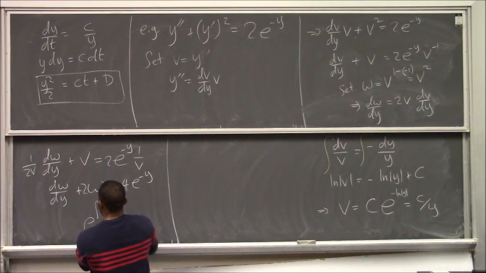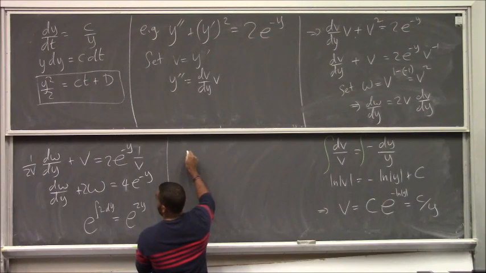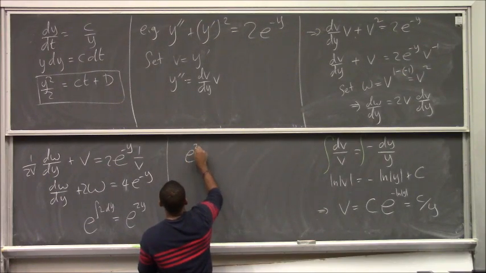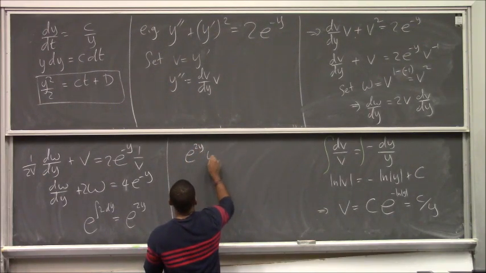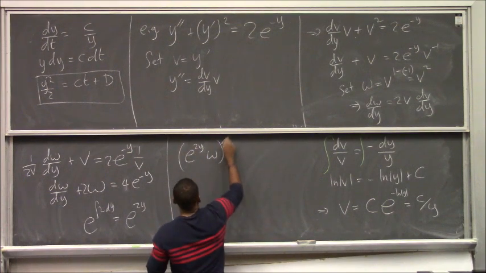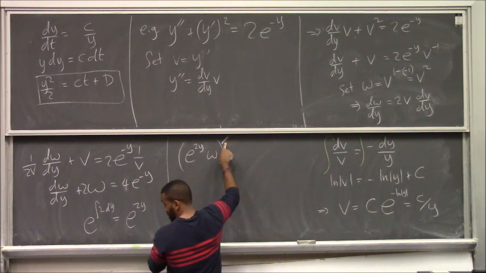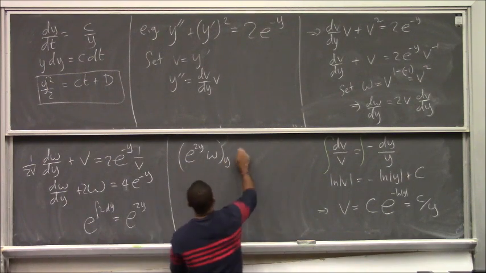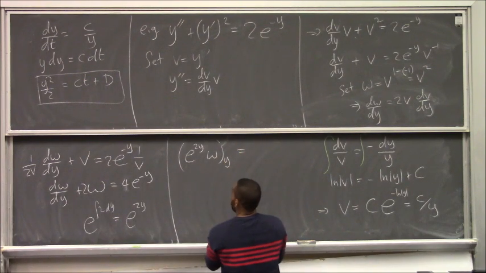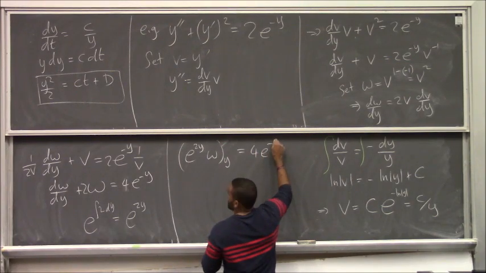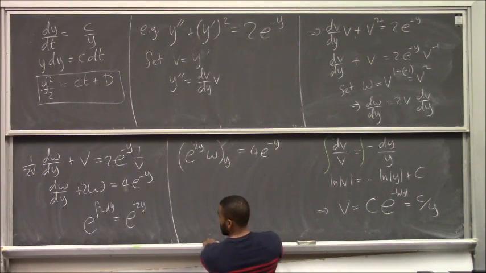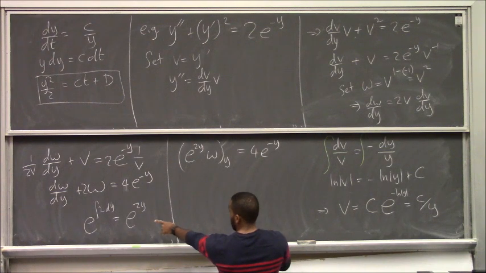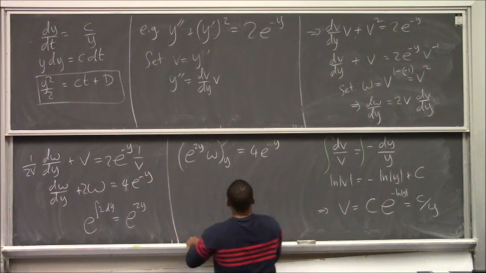And then you have e to the 2y times w, all prime, and this prime is with respect to y. Gotta keep track. Equals 4e to the negative y times e to the 2y, which is just 4e to the y.